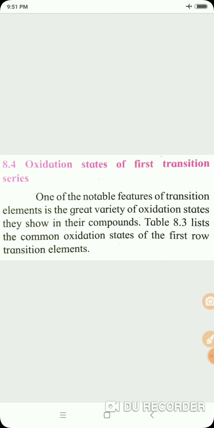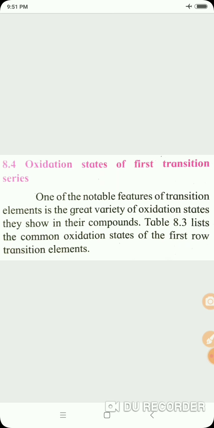Why and how they form a variety of oxidation states, we will discuss later in the further part. Now table 8.3 lists the common oxidation states of the first row transition series.